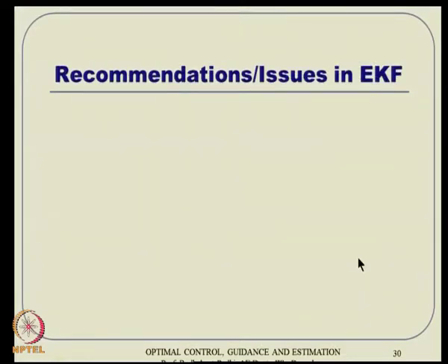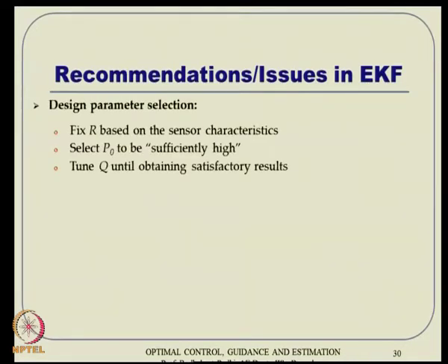So, there are various recommendations and issues for successful implementation of EKF. Let us study them one by one. First of all, how do you tune it? That is a major issue, and the very first thing that comes to mind is this: fix R based on sensor characteristics. Based on whatever sensors are available, we fix a number for R. Then select P naught to be sufficiently high.